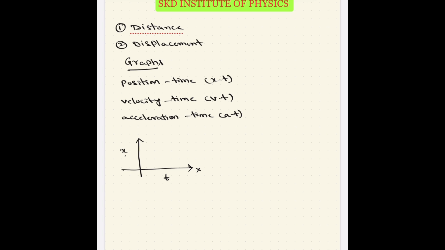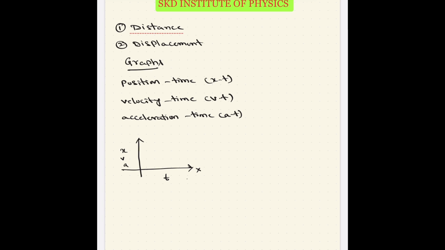And the next one, x is the position. Position means displacement of the particle. Here the displacement of the particle is a dependent variable; this position depends upon the time. That's why the independent variable is always taken on the x-axis and the dependent variable is always taken on the y-axis. Similarly for the v-t graph and for the a-t graph also.